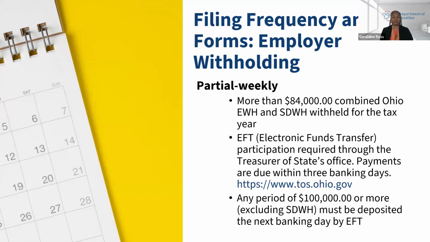There's the website for the Treasurer of State. It's at tos.ohio.gov. And employers filing or remitting payment any period for the payroll, if they're remitting 100,000 or more, excluding school district, must be deposited the next banking day by EFT.